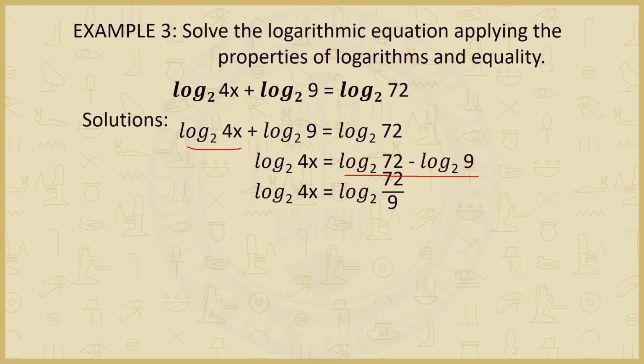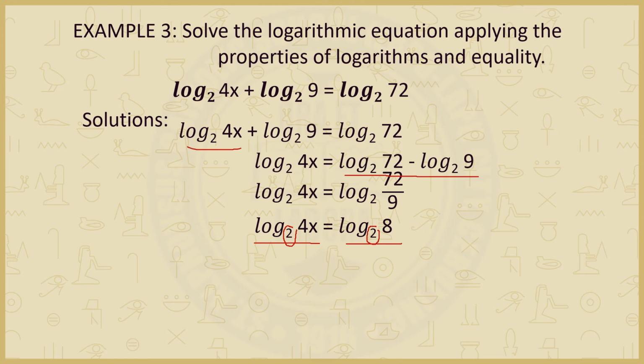Simplify the 72 divided by 9 and the answer would be the logarithm of 4x to the base 2 equals the logarithm of 8 to the base 2. Since we have one term here and one term here on both sides of our equation, the bases are also the same.